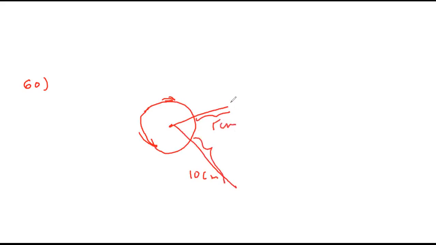At distances of 5 centimeter and 10 centimeter from the surface of a sphere, potentials are 600 volt and 420 volt respectively.